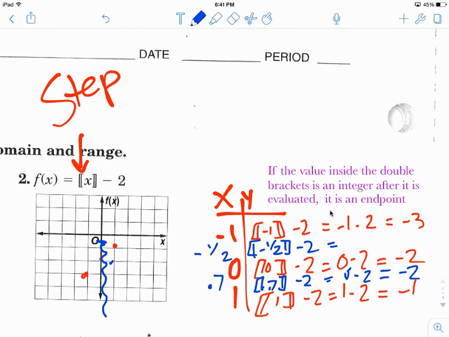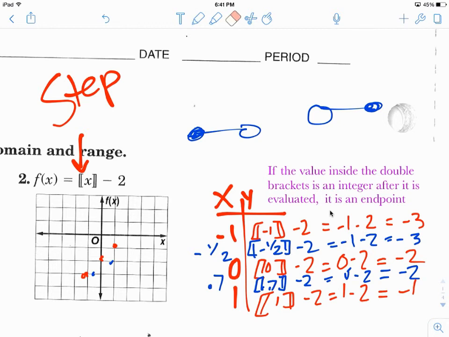I haven't passed it yet. So I'd have -1 minus 2 is a -3. So the reason that we do this is so I have an idea which direction our steps are going to go. Are our steps going this way, or is each step going this way? Okay, and it has to deal with a negative.